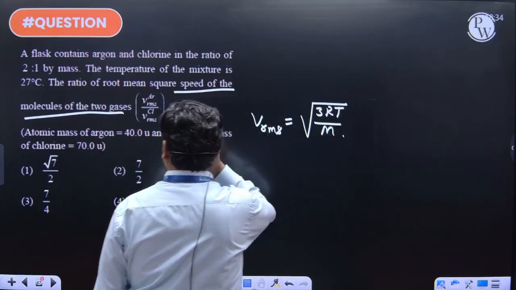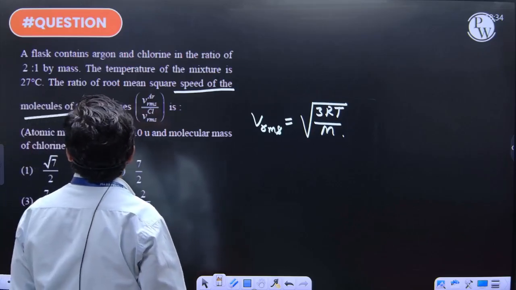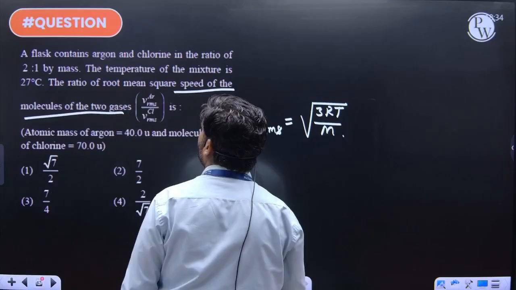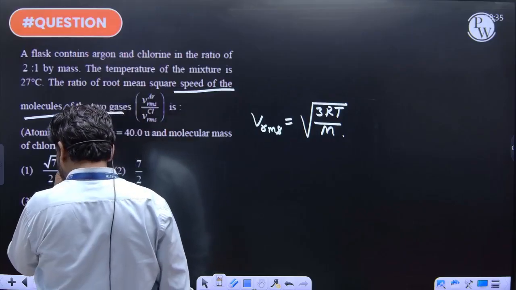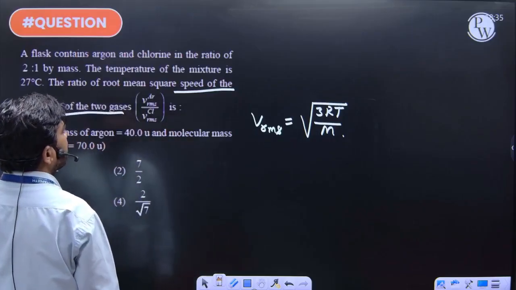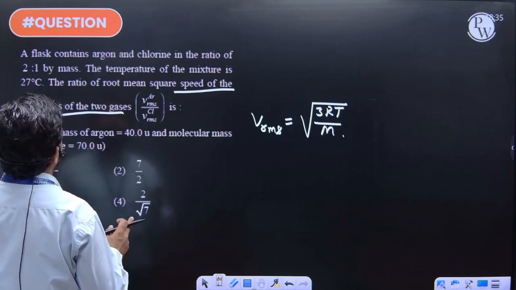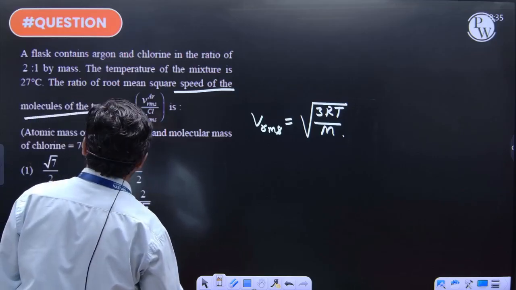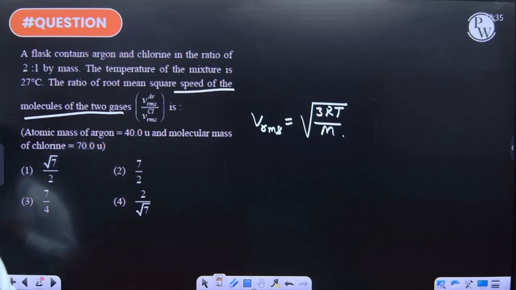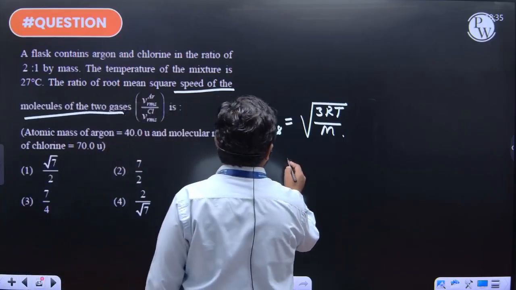So what they are asking, temperature is fixed. Flask contains argon and chlorine in the ratio 2:1 by mass. It is given by molar mass, right? 3RT by M, that's correct. Temperature is fine. Root mean square we have to calculate. Atomic mass of argon 40 u and molecular mass of chlorine is 70 u. Okay, fine. So we'll put the value.